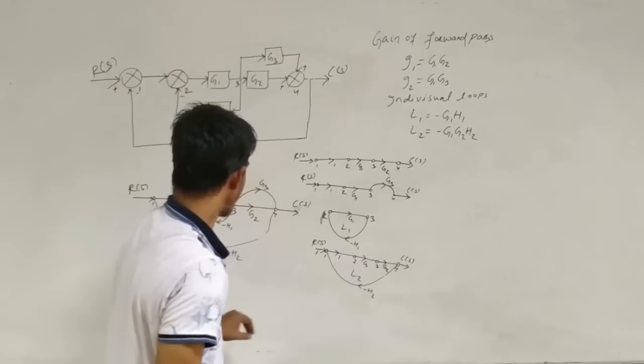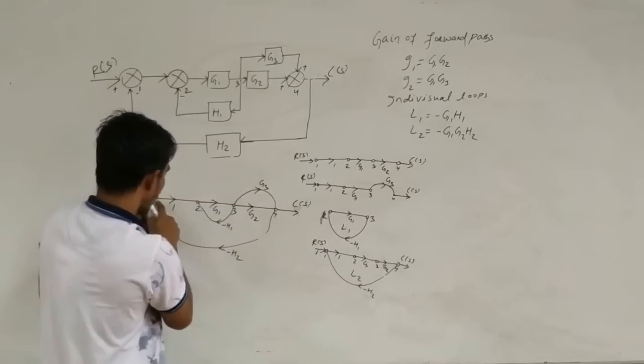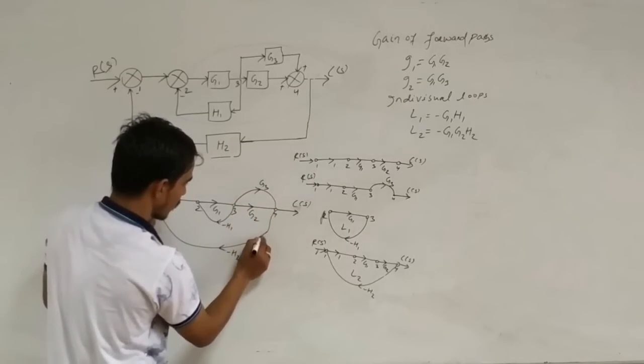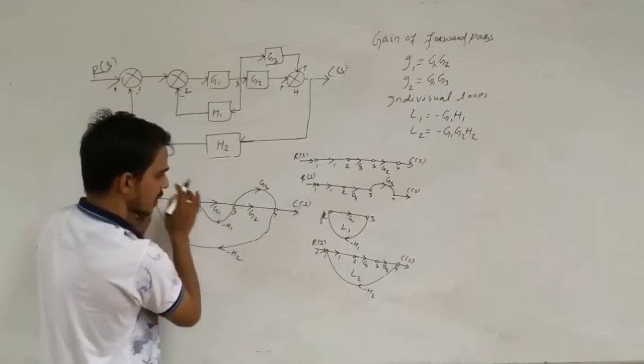Okay, any other loops? See, node 1, 2, 3, then this one. This can be a loop.